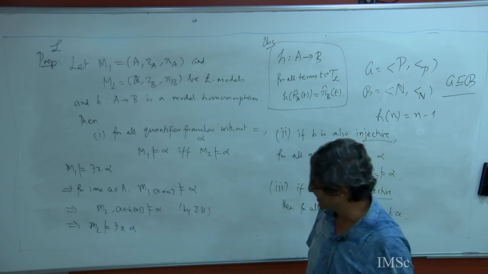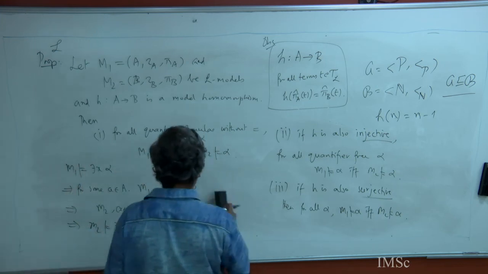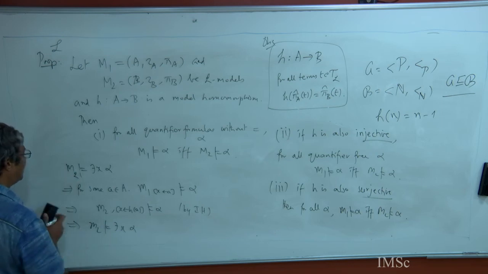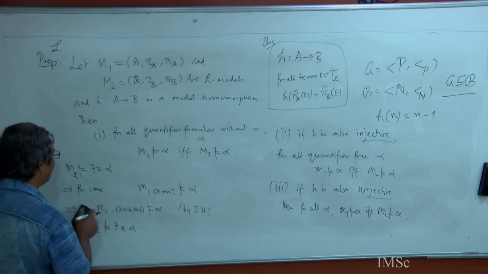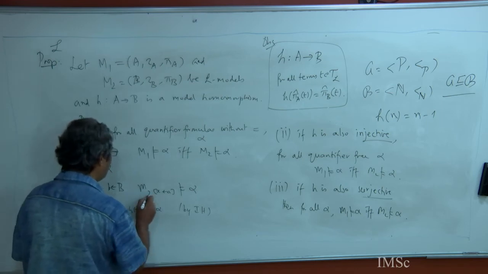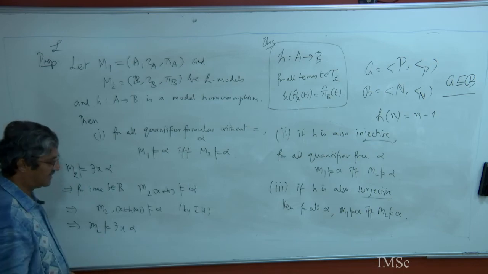This should also be obvious. If M2 satisfies there exists X alpha, let's start with this, then there is some B such that this satisfies alpha.